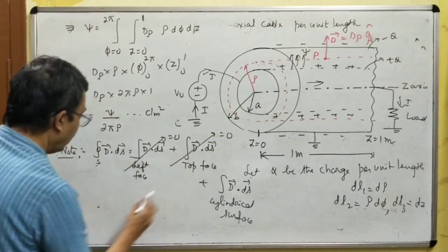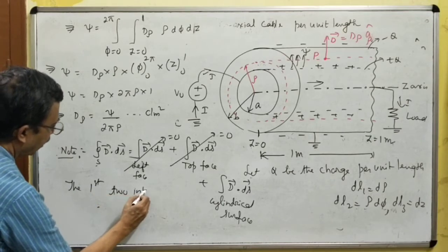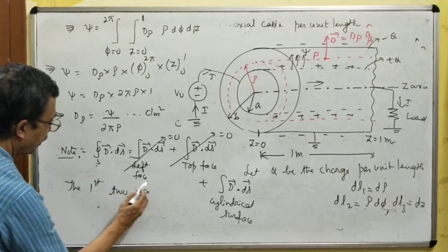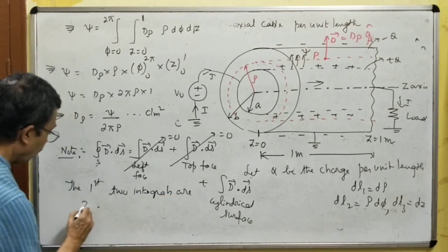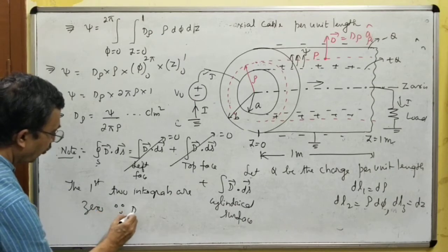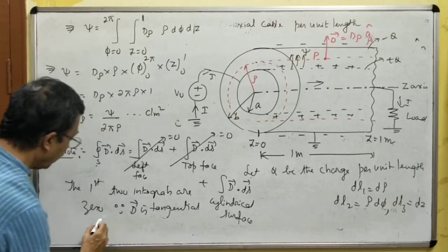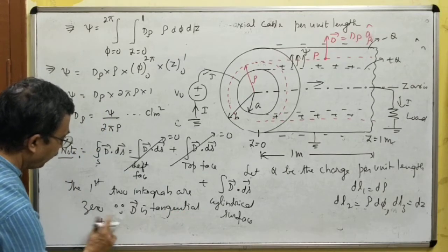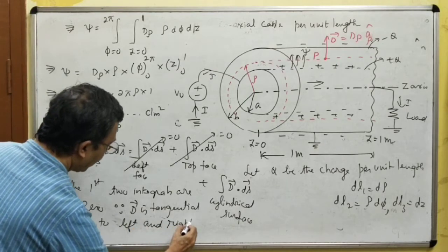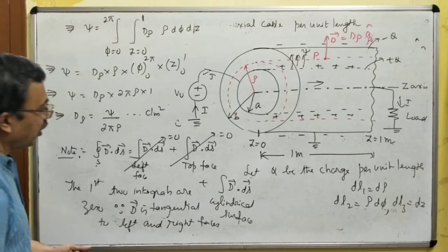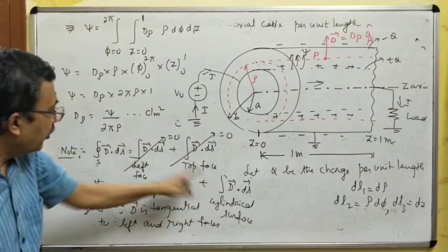The first two integrals are 0 because vector D is tangential to left and right faces. Actually, this integral is shown here. So this integral is nothing but this. These two integrals are 0.